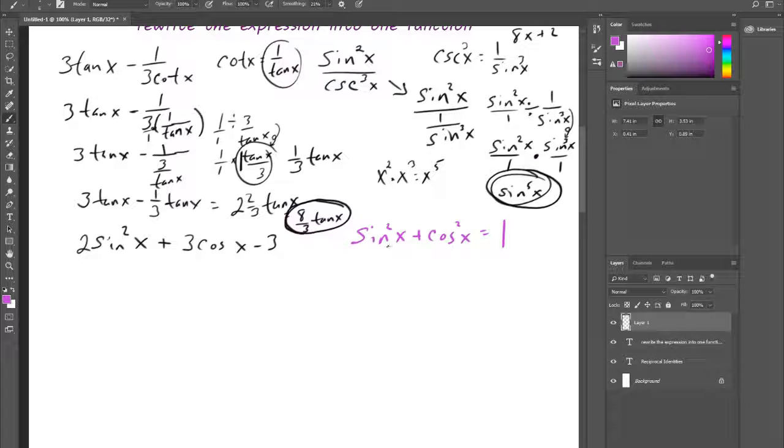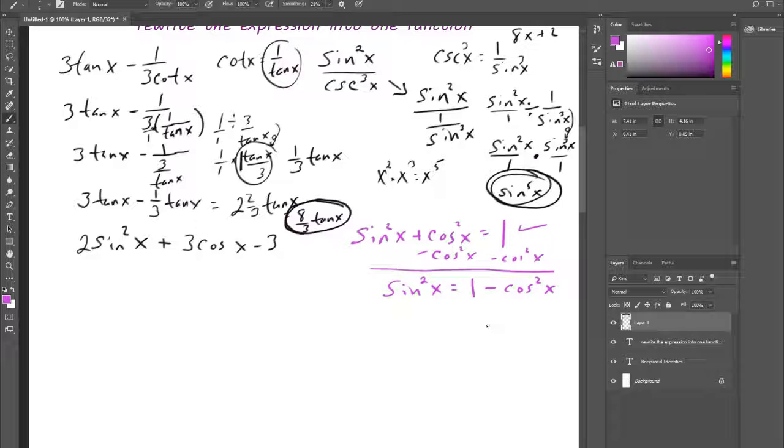If I wanted to know what sine squared x equals, I would subtract cosine squared x from both sides. This leads me to another trig identity: sine squared x is equal to 1 minus cosine squared x. We know that is a fact.